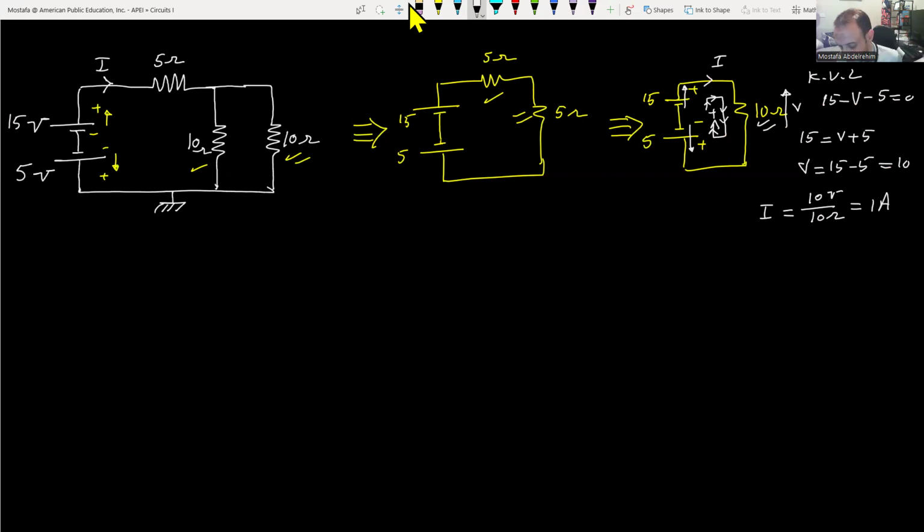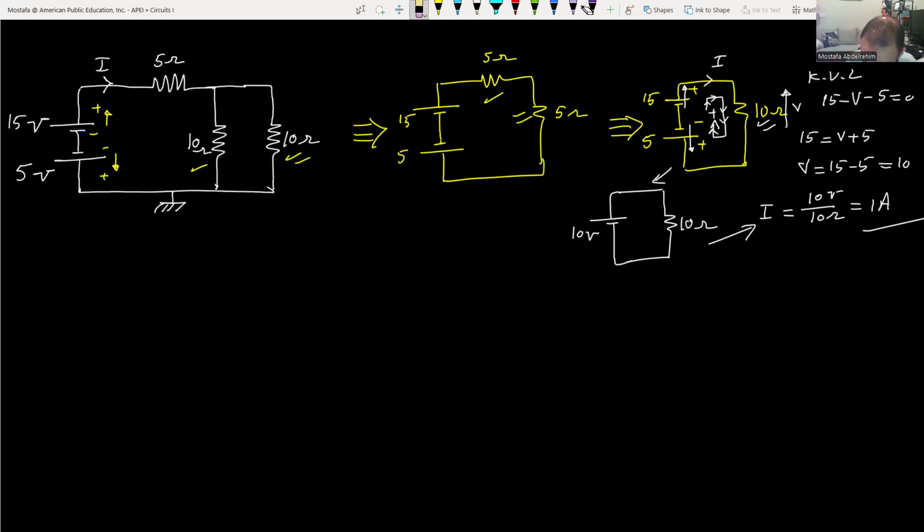For this circuit in particular, you might also think, which is also correct, that you have two batteries here, 15 pushing up and 5 pushing down. So the equivalent will be 10 pushing up, and from that the voltage of the resistance will be 10. So 10 over 10 will also be 1 ampere.